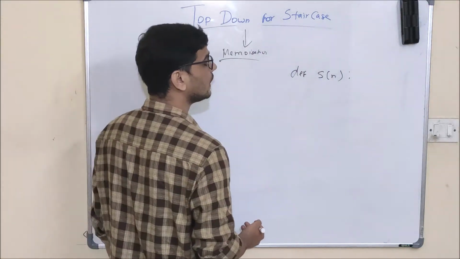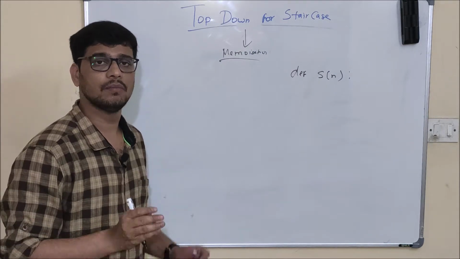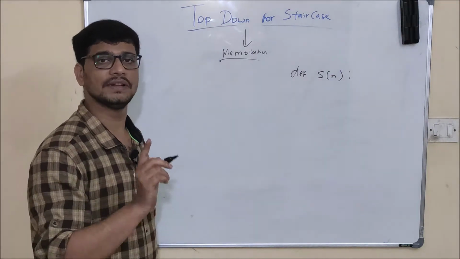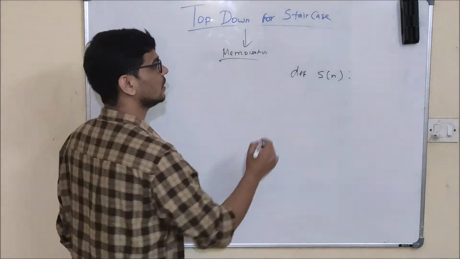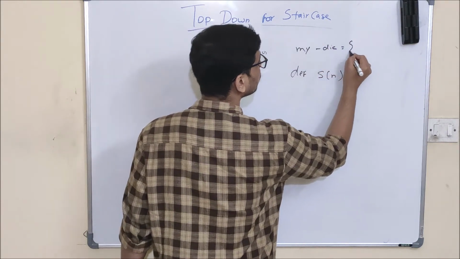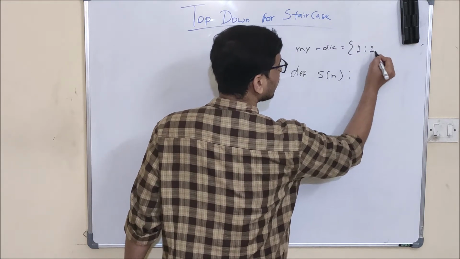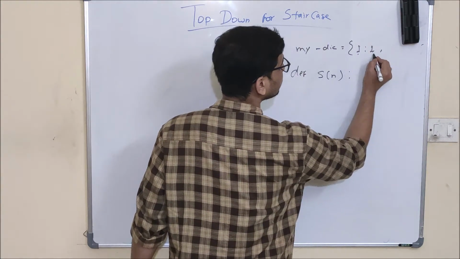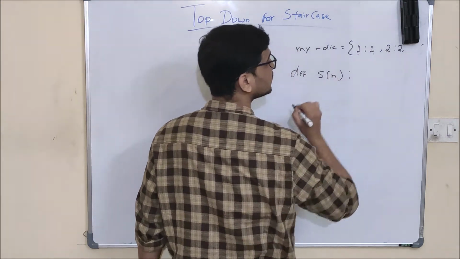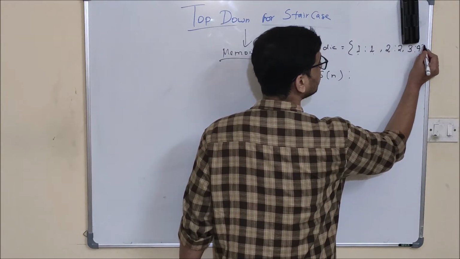Okay. Now in the recursive program, what have we written? We have written the base case, but here we will not write the base case. Instead of that, we will store the base cases in a dictionary where we will use them later on. That is, my dict is equal to, for key 1 the value is 1, for key 2 the value will be 2, and for key 3 the value will be 4.